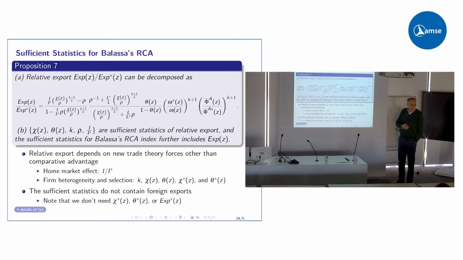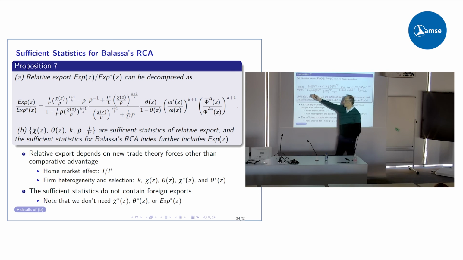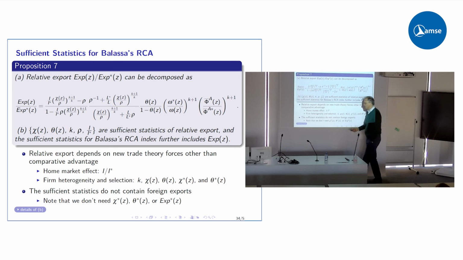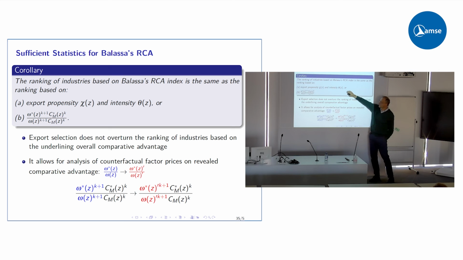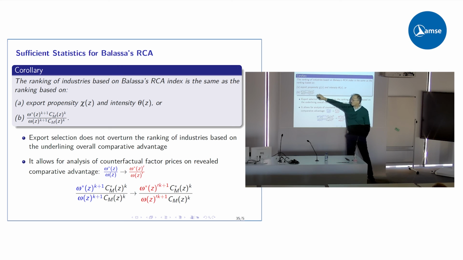And one could check whether this Balassa RCA is the one that you would get looking straight at this type of thing. When you do that, the ranking of industries based on Balassa's RCA is the same as the ranking based on export propensity and intensity, or on this item here that is a combination of ex ante and the Ricardian comparative advantage.